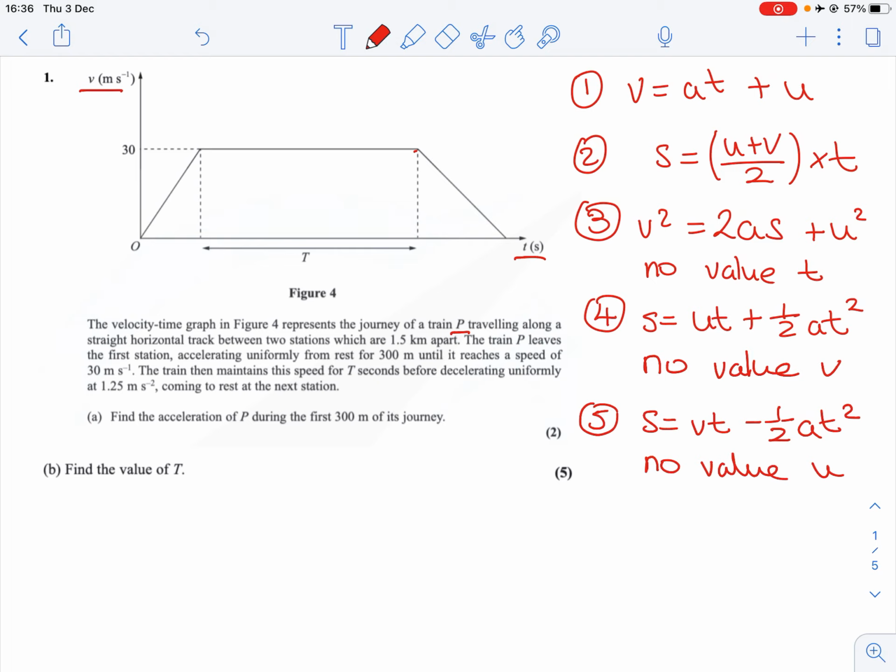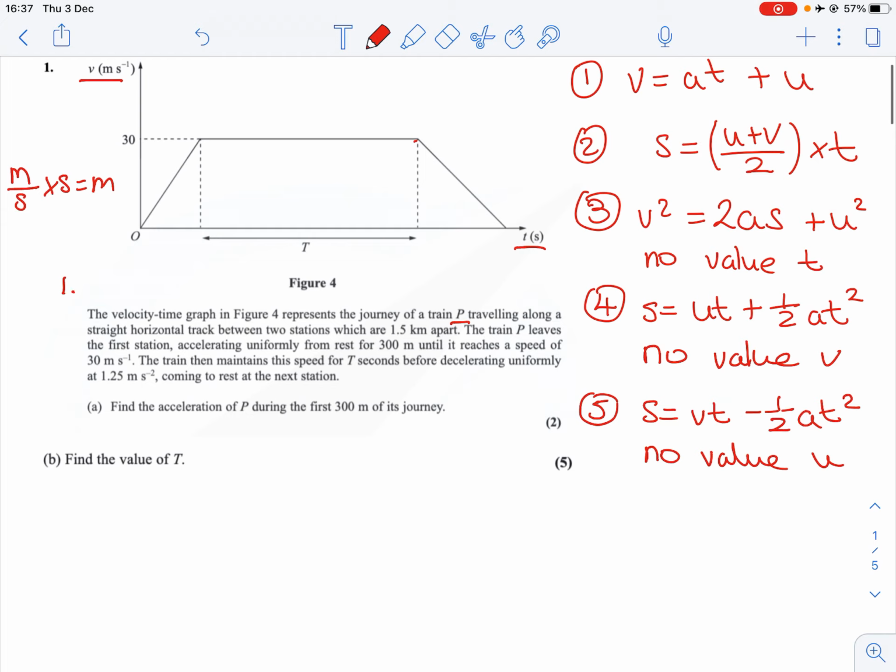What we learned before, remember, is that the area underneath a velocity time graph is the distance traveled, because velocity is meters per second multiplied by t, which is seconds, giving us meters. So the area underneath the whole graph is 1.5 kilometers, which equals 1,500 meters.